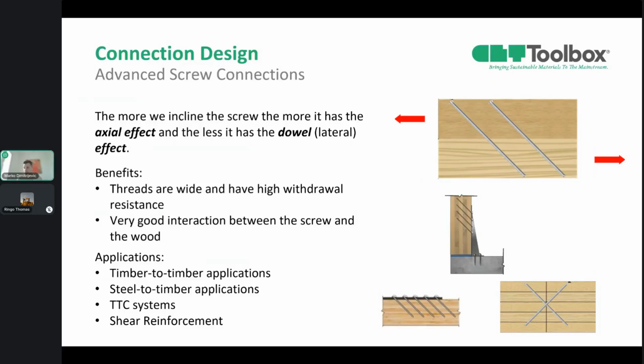The idea of using inclined axially loaded screws came with the development of fully threaded self-tapping screws, particularly because of the benefit that the threads are wide, which gives these screws good anchorage in the wood and a high withdrawal resistance, and also a very good mechanical interaction between the screws and the surrounding wood. Concerning the applications, these screws can be applied to timber-to-timber and steel-to-timber connections, timber concrete composites, and also shear reinforcements.